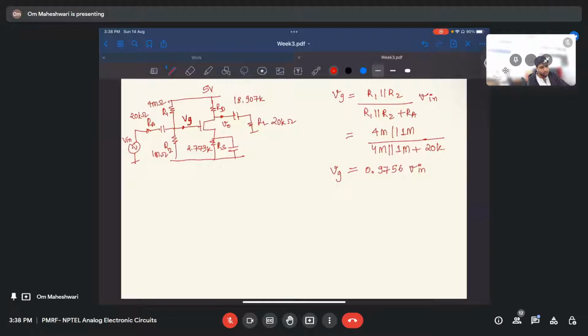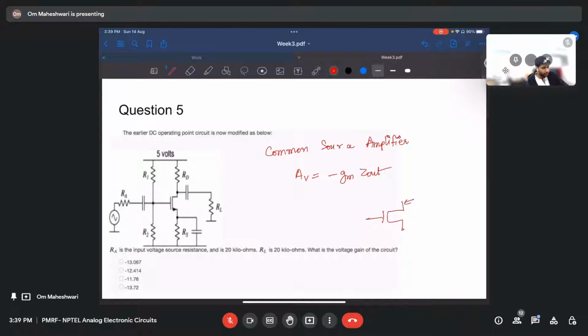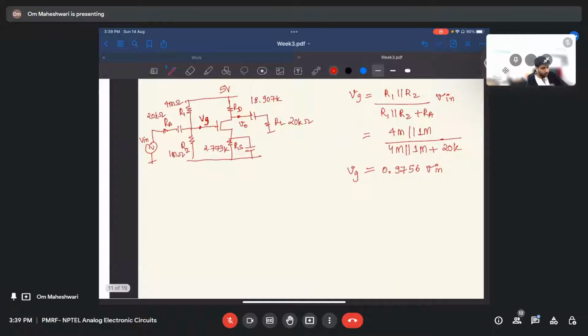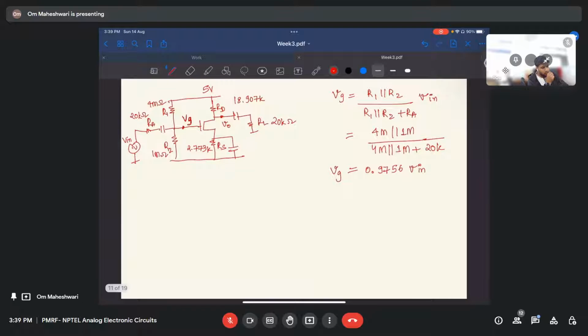So next thing is to find Z out. If we have anything at the drain here, the impedance seen here is R out, or 1 by GD. So what will be the output impedance?